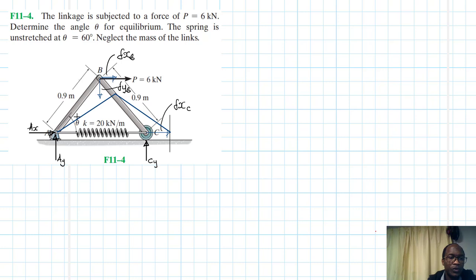All right, of course we do have some rotations taking place there and so on, but we don't have any couple moment and so on. Therefore we are not going to have any virtual work at point A.